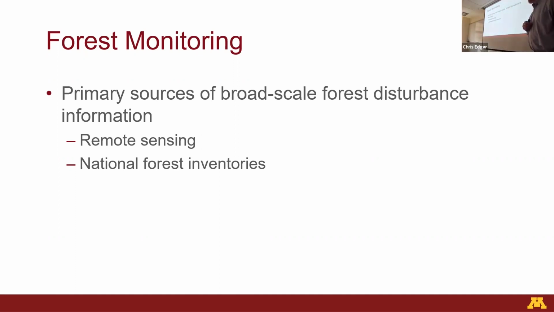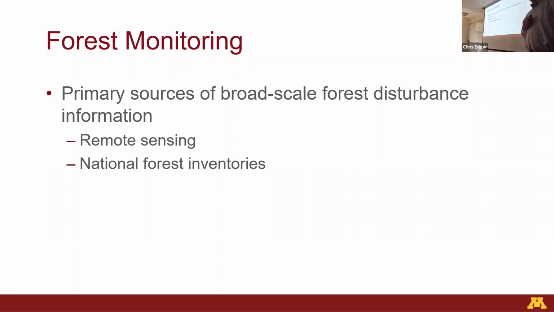I just wanted to point out that I think of two primary sources of data on disturbance. Obviously, remote sensing is a very important one, very strong when it comes to spatial and temporal scale. And we're starting to see some really nice papers published in terms of attributing what they're seeing in that data to cause agent and what's causing the disturbance.